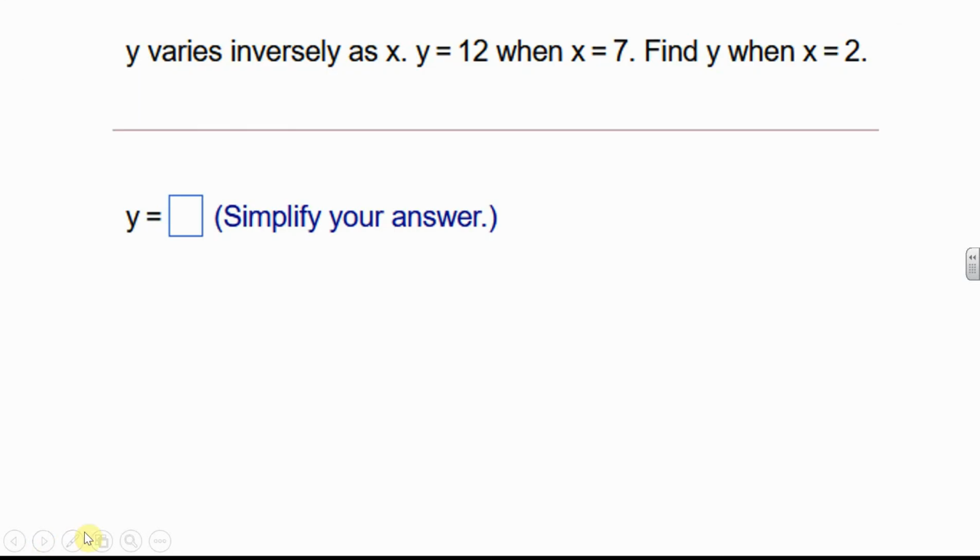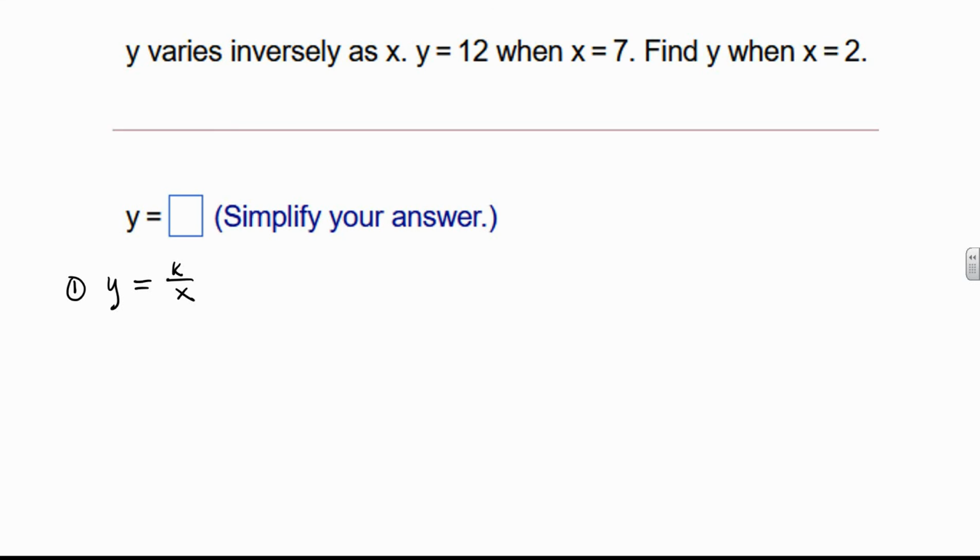All right, here's a problem where y varies inversely as x. I'm just doing the steps. Step one, read that first sentence and translate it into math. So y varies inversely, that's y is equal to some constant upstairs divided by x, because it says y varies inversely as x.